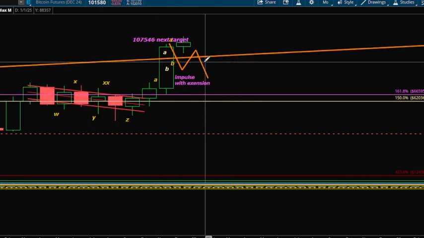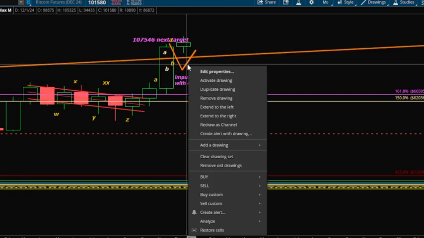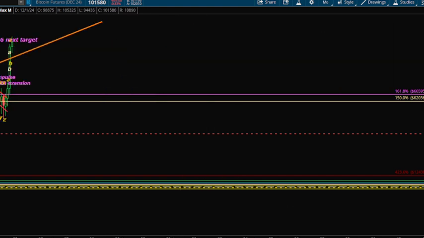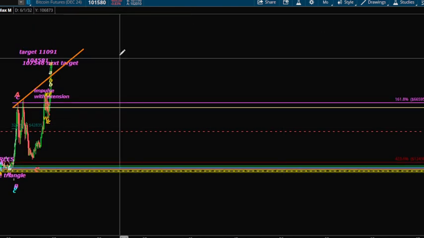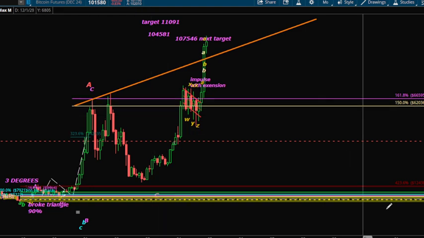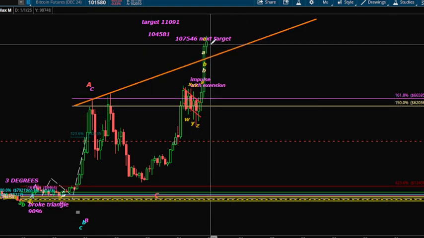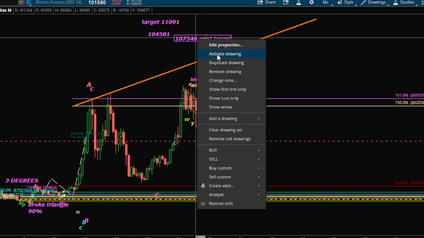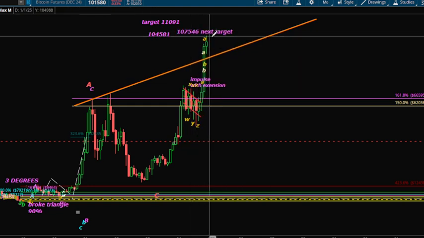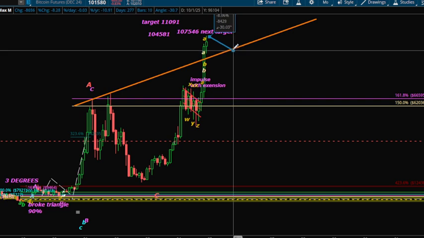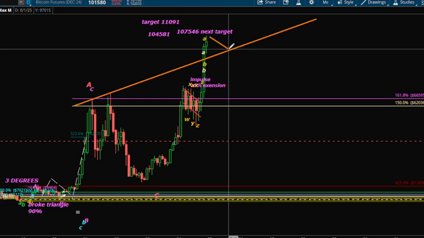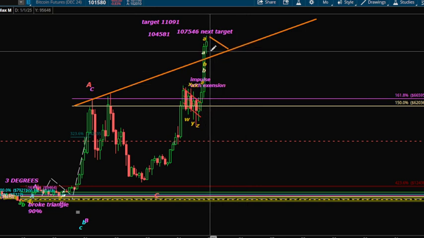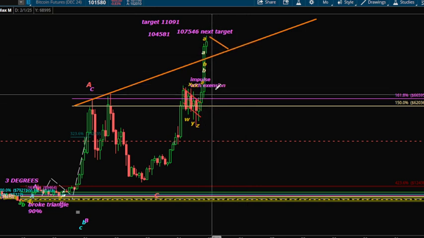I made a mess there at the end, but let's get rid of that. So I would say maybe a type of correction that maybe even tries to test that trend line here. So it's something to keep in mind.